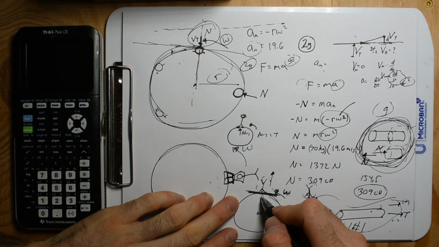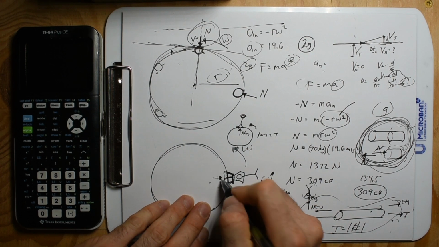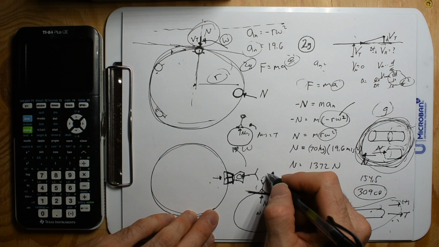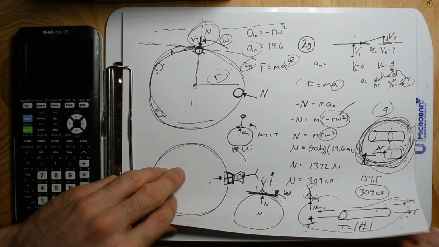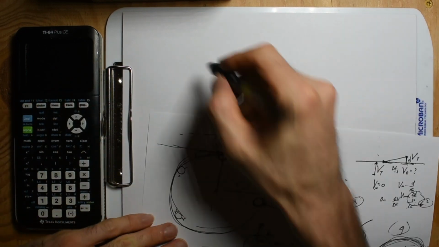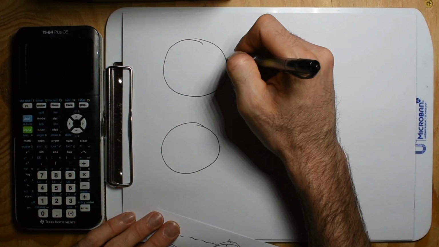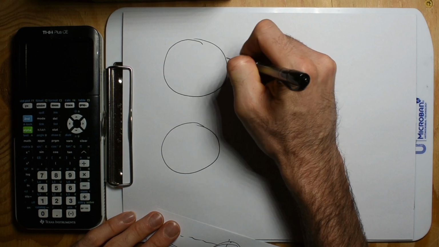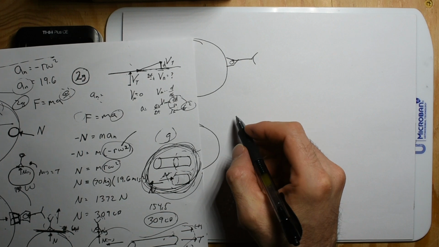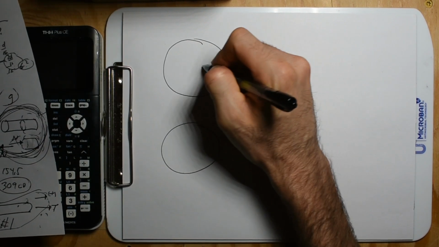All right, so I'm just going to choose in both these scenarios the normal force in that direction. And then we have our mass. And I guess I should talk about both of those, because one is a merry-go-round.